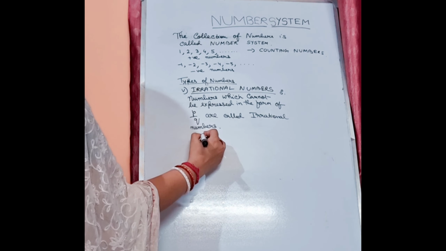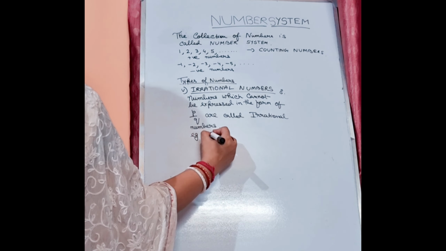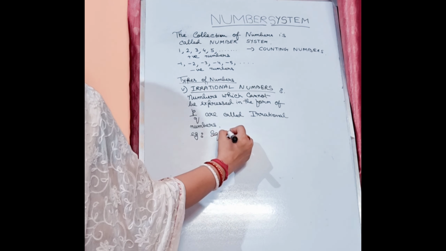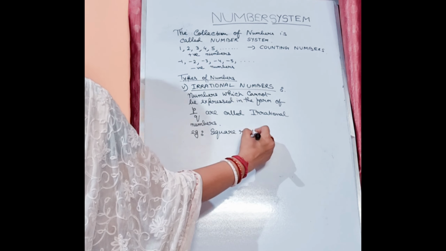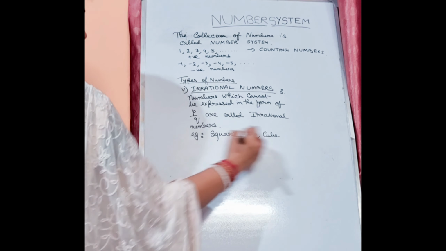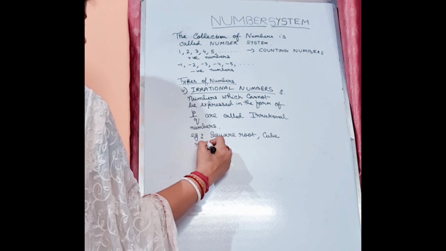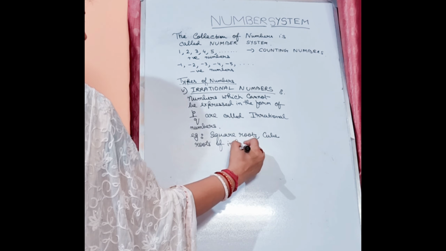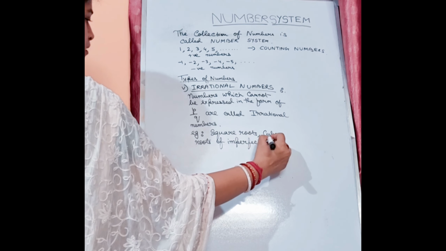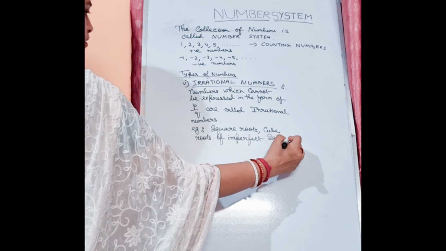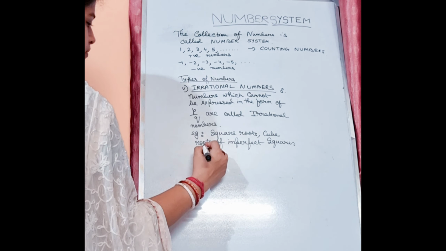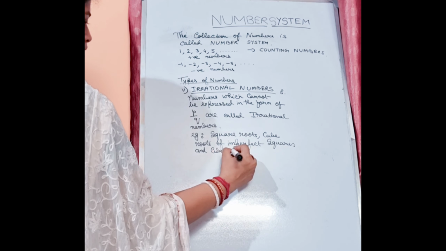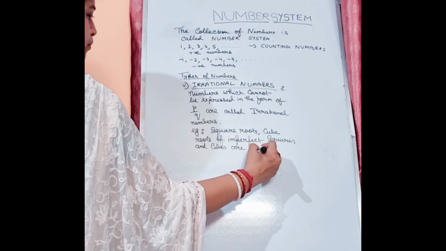For example, the square root and cube root of imperfect squares and cubes are irrational numbers.